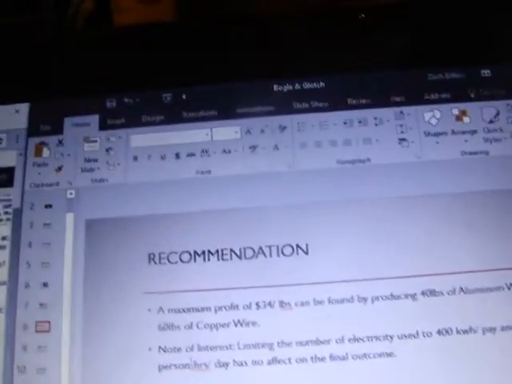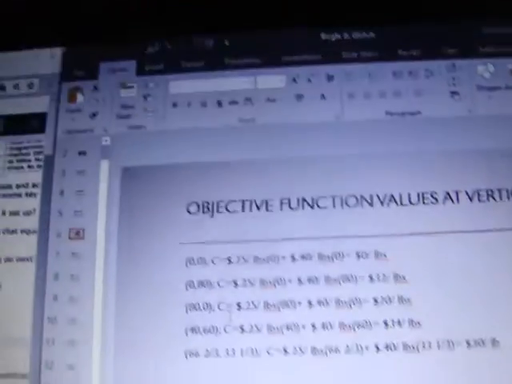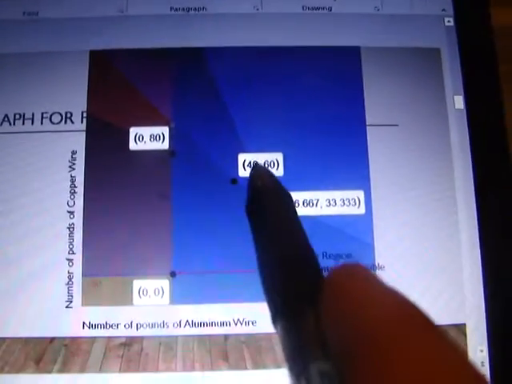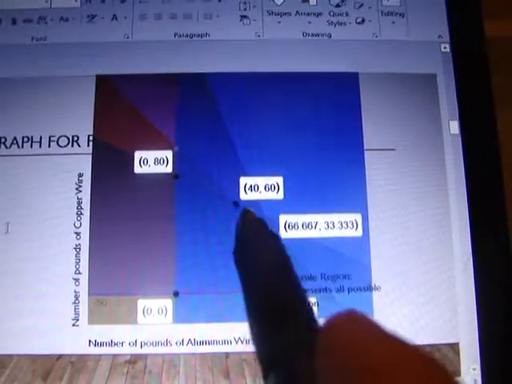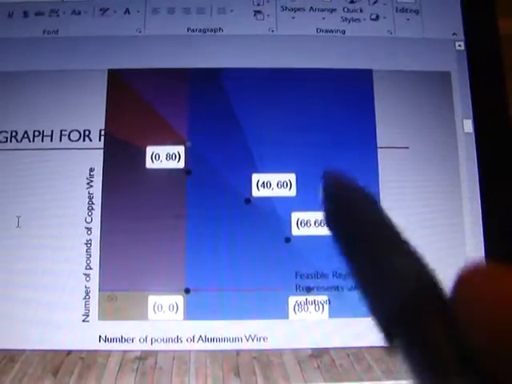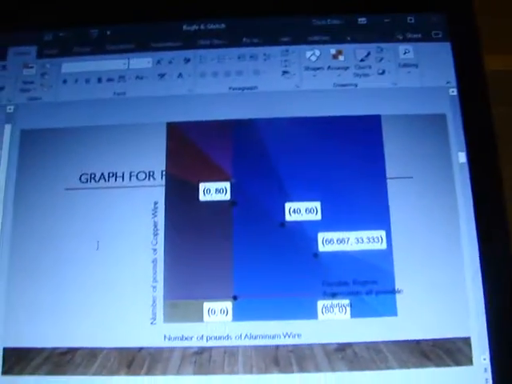So the point was this one. That was the highest point where we got the highest profit of selling copper wire and aluminum wire per pound for the cost of 25 cents of aluminum per pound and 40 cents of copper per pound. That's how you get your answer.